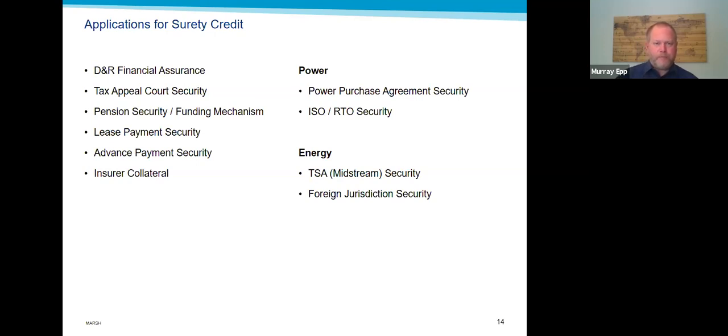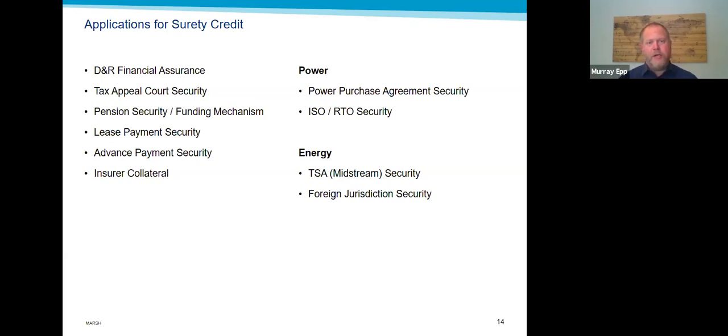Then there's the pension security, and there's two sides to this. One would be where the pension's underfunded. There's some solvency ratio triggers that require security, and we can issue bonds for that. The other is to use bonds as an actual funding mechanism on executive pensions. So on those SERPs or RCAs where the letter of credit is actually the funding mechanism as part of the pension, the trustees have been known to accept bonds for this as well.